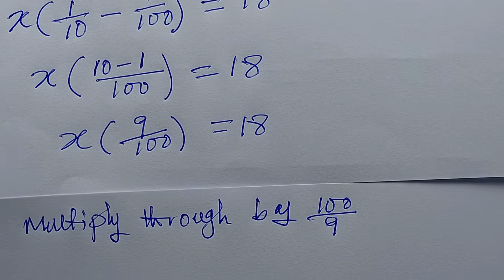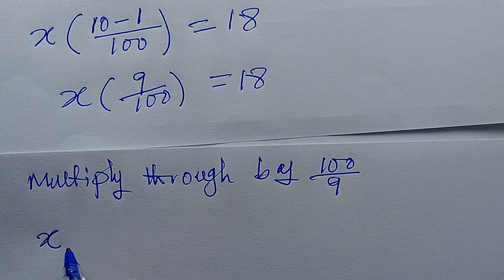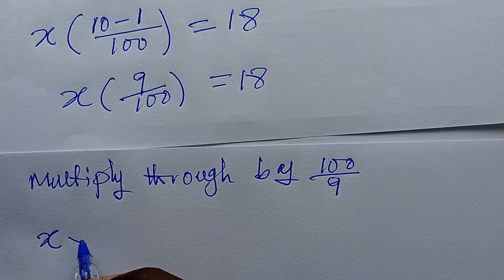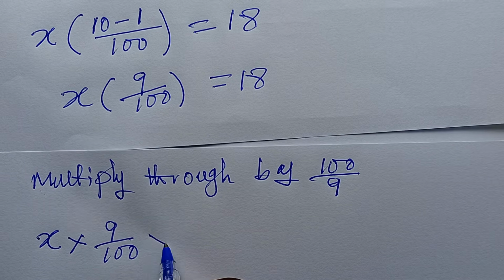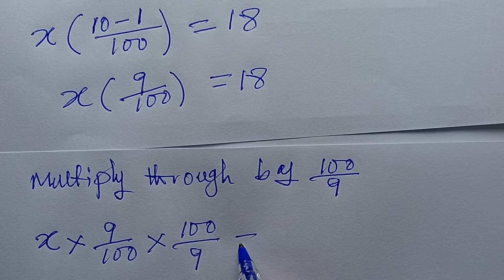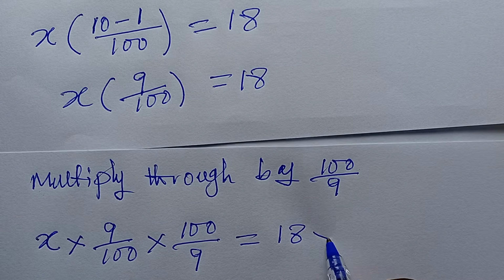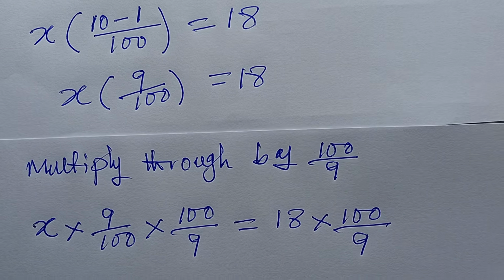And so doing that is going to give us here our x, then times our 9 all over 100, then times our 100 all over 9. This is equal to our 18 times 100 all over 9 on this other side.